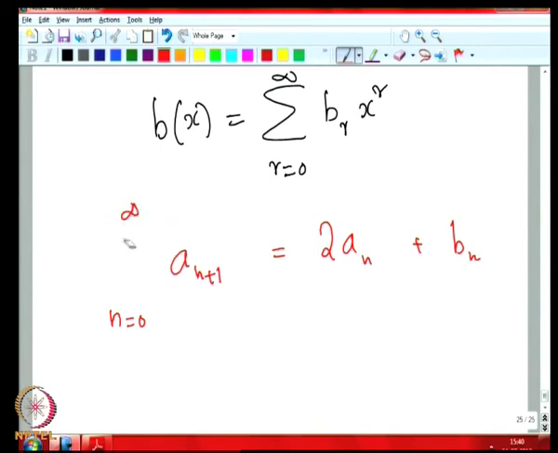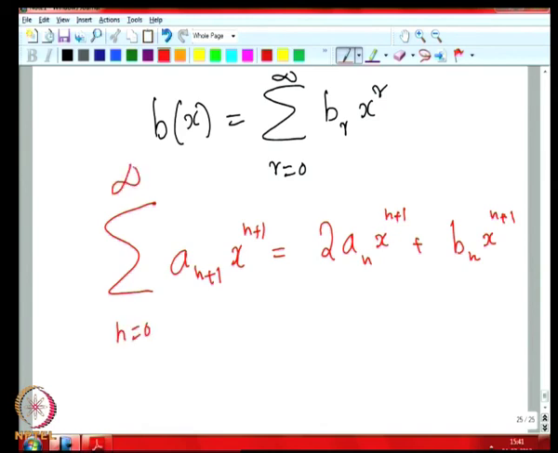Sorry, before that we have to multiply this by x raised to n plus 1. So here also I will multiply by x raised to n plus 1. This is correct because we multiplied every term by x raised to n plus 1. Now we sum from n equal to 0 to infinity.